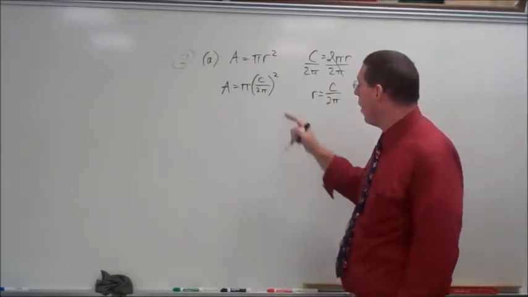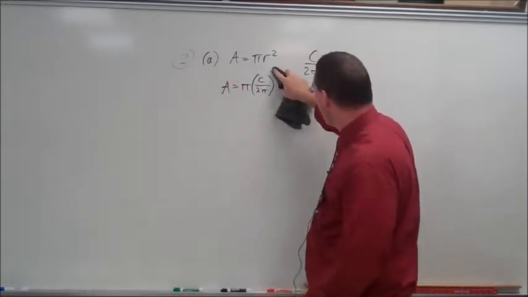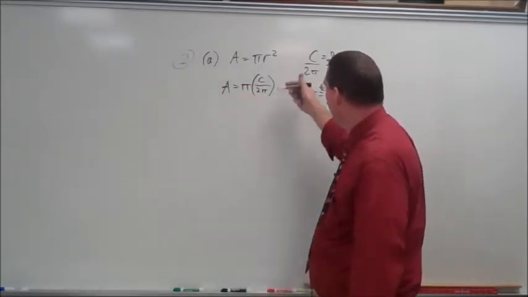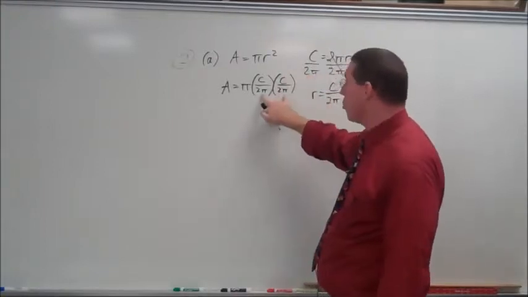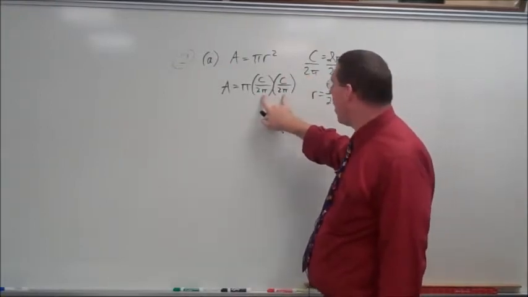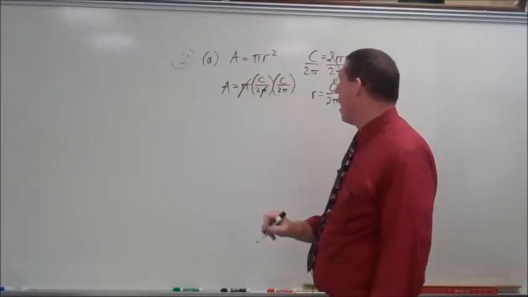And now I'm going to go ahead and expand this out. I don't want to leave it as squared because I want to cancel something. I'm going to cancel that pi. So I'm going to write C over 2 pi again. See, now it's squared, right? There's 2 of them. And now I can cancel that pi and one of these pi's.